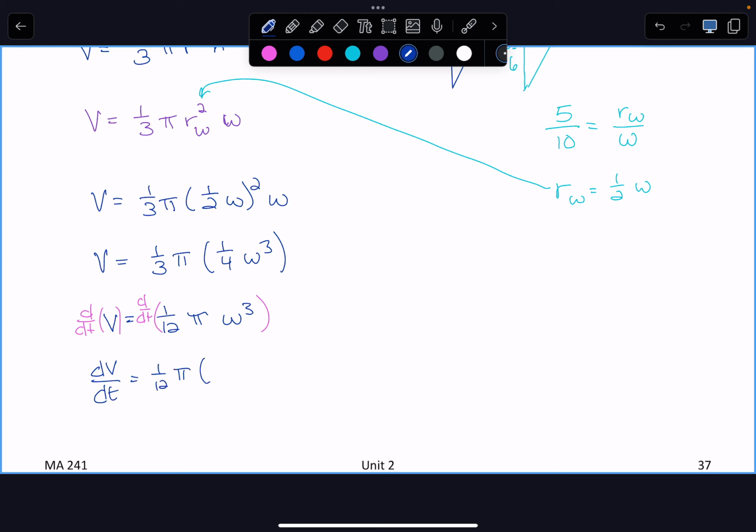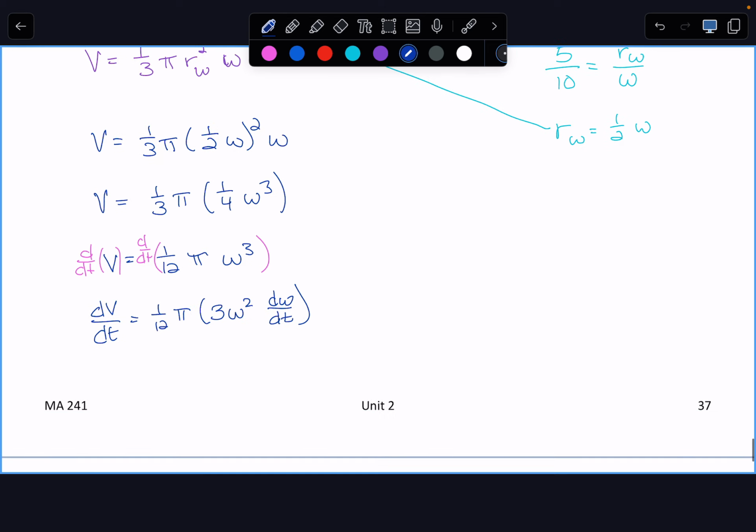What happens to my w cubed term? 3w squared dw/dt. That's what I'm looking for, remember? So if I clean that up a little bit, I'm going to get dV/dt is equal to 1/4 pi w squared dw/dt, right?